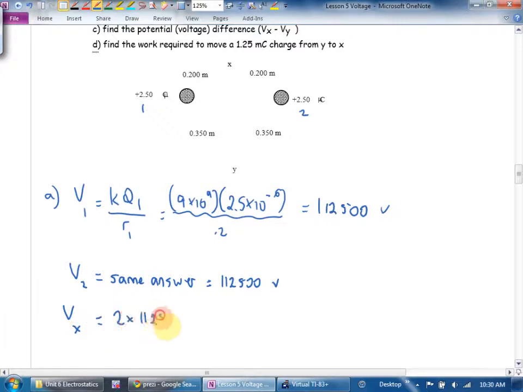That's why I said don't round off. That's the total voltage. If there was 3 charges, I'd add all 3 of them up. What do you get? And that's the 3 sig figs, so we're good.